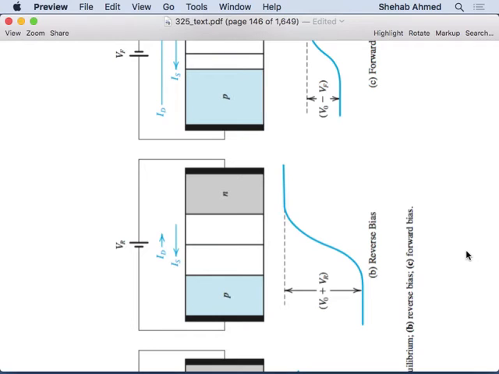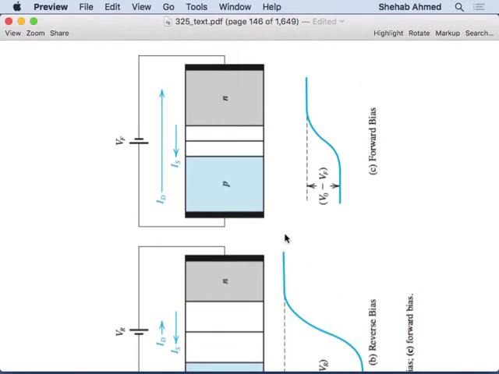If you are decreasing the barrier voltage, you are allowing more diffusion. The device is said to be in forward bias. It will depend on the external circuit that you're applying, right? So based on the external circuit, the diode will either be in forward bias or in reverse bias. But there will always be a junction, and there will always be a junction voltage.